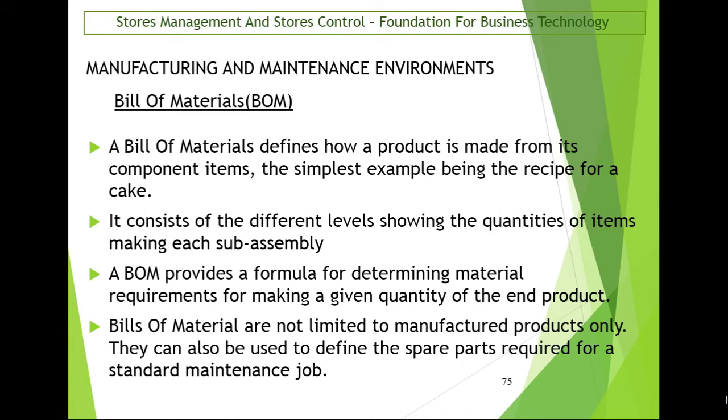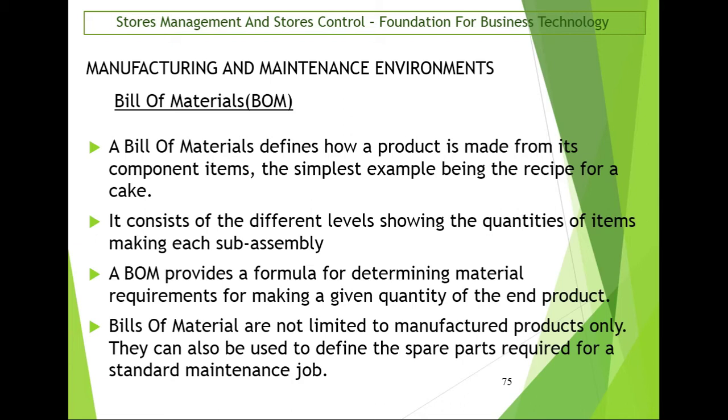We want to introduce the concept of bill of materials or bill of quantities. The bill of materials defines how a product is made from its component items. The simplest example being the recipe for a cake. It consists of the different levels showing the quantities of items making each sub-assembly.